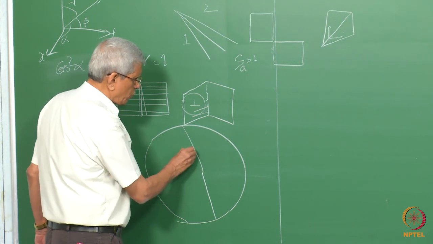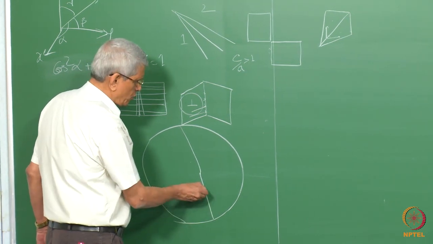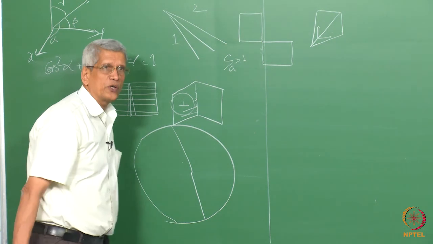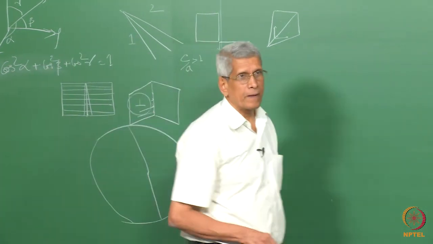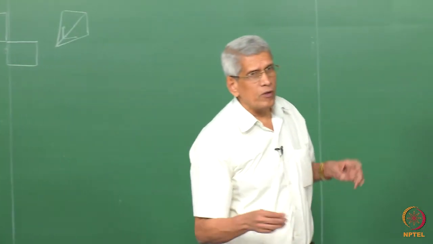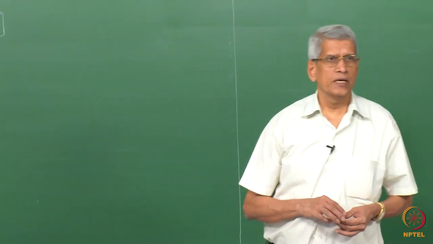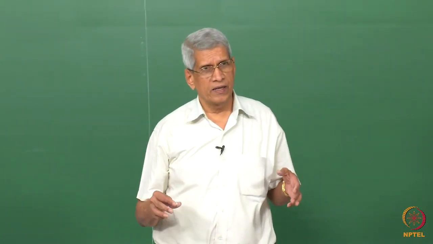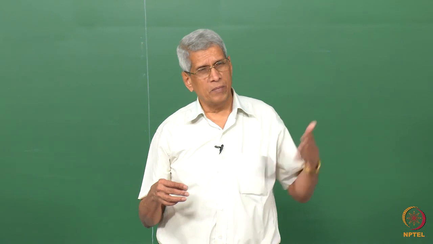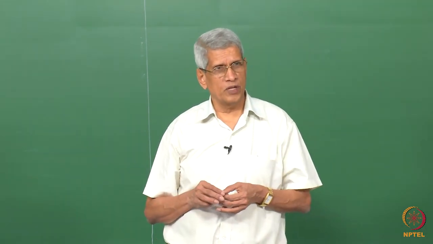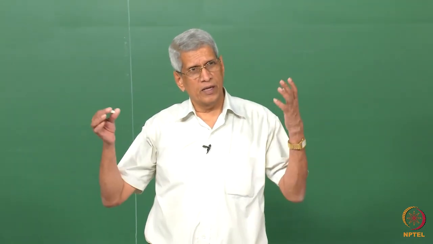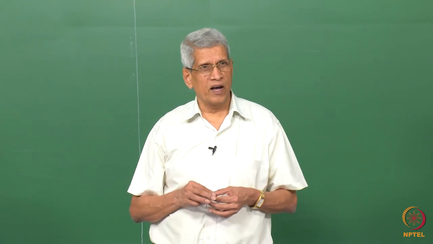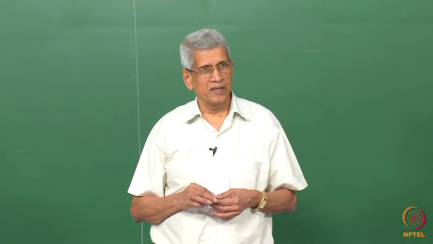This is a coherent boundary, this is also a coherent boundary, this is an incoherent one. The energy of the incoherent boundary is very high. Energy of the coherent boundary may be of the order of 10 to 15 millijoule. The incoherent boundary could be of the order of 200, 300.